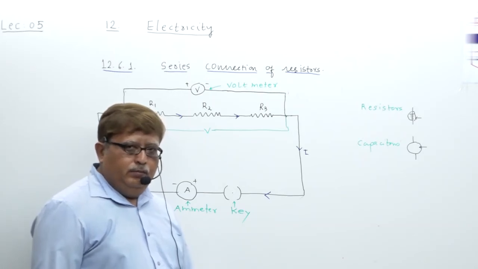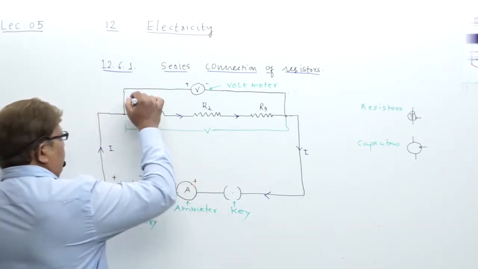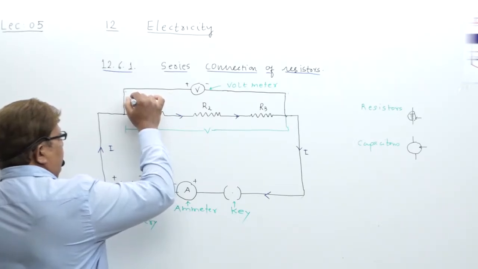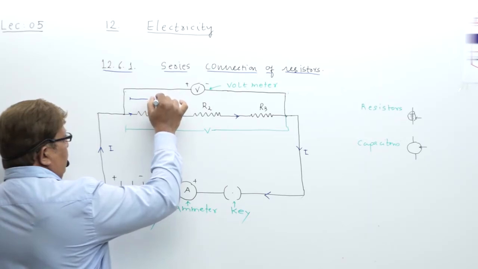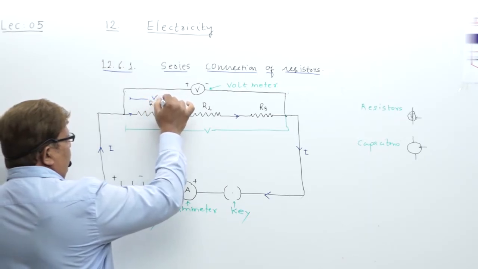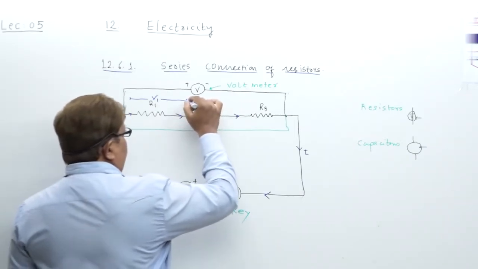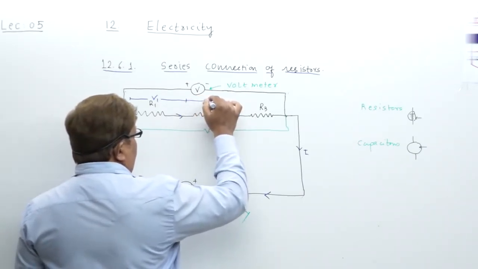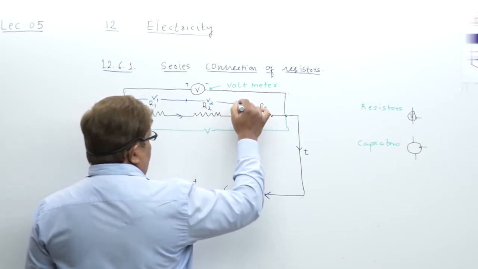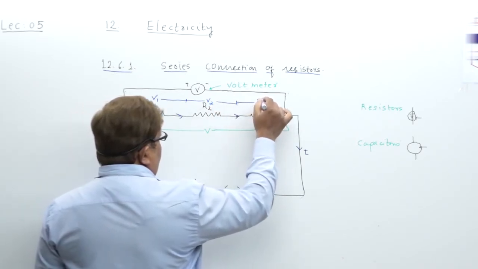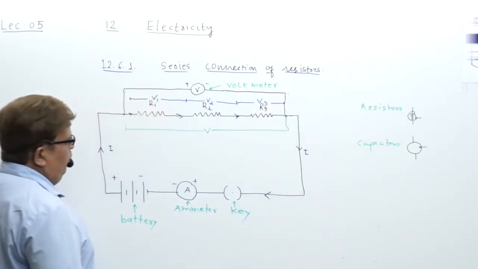And the potential difference across each resistor is different. Across R1 we can say potential difference V1, across R2 potential difference V2, across R3 potential difference V3.